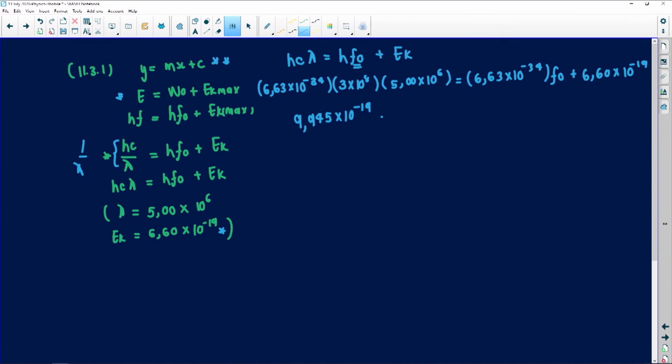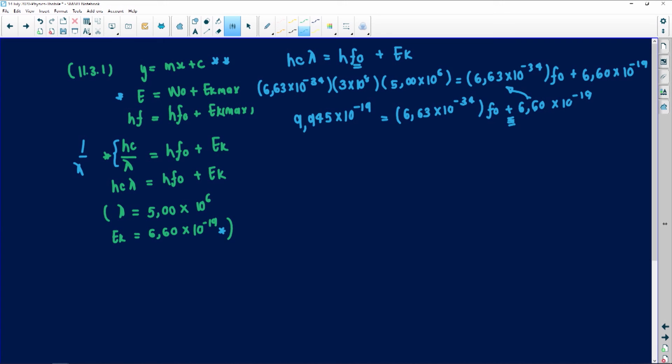Only your final answer is rounded off. On this side, I still have 6.63 times 10 to the negative 34. I know I am taking the long way around, but I actually want everyone to know what's happening. 6.60 times 10 to the negative 19. Now, what am I going to do? I'm going to take this number over the equal sign. Remember, if something jumps the equal sign, the sign changes.